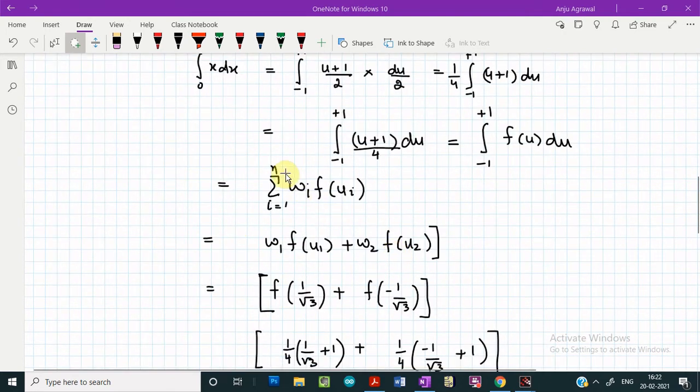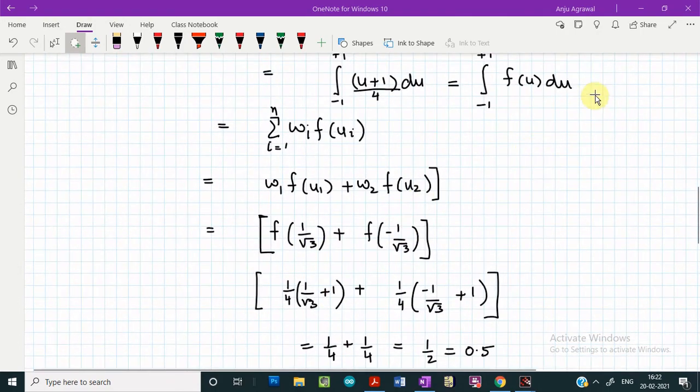If we take n as 2, then the summation reduces to only two terms, where W1 and W2, as I told earlier, are the weights and have the value 1 for Gauss-Legendre quadrature, and U1 and U2 are 1 by square root of 3 and -1 by square root of 3. So simply this expression becomes equal to this, where we have to evaluate the function at this abscissa and at this quadrature point.